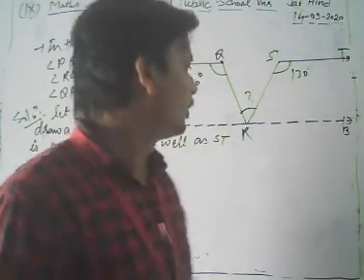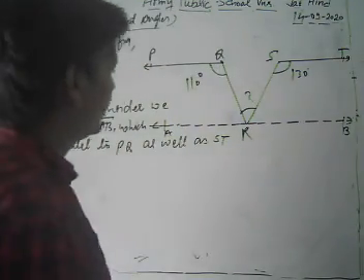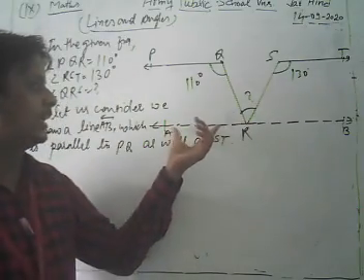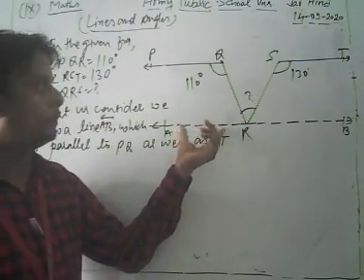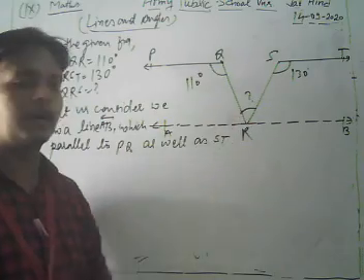Now from the figure, first we take AR parallel to PQ and QR as a transversal.